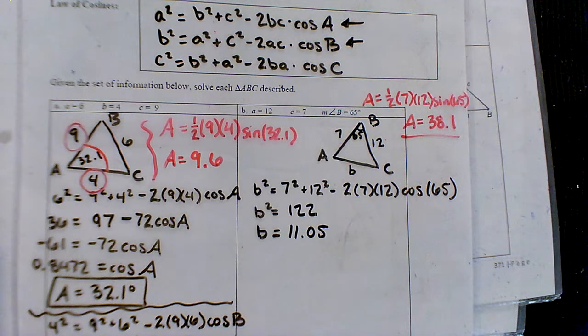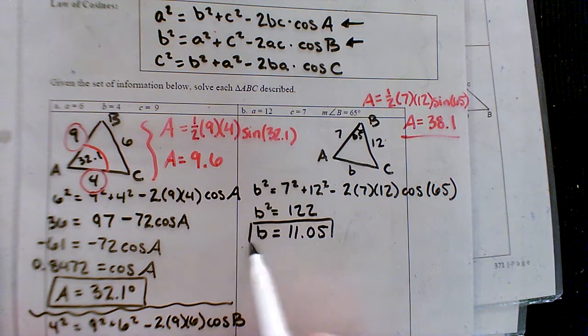I'll say 11.05. Now, hopefully we realize that since we're square rooting both sides, we would need a plus or minus in there. But the minus probably doesn't make sense because we're talking about a length, right? The side length of a triangle. So the negative might not be necessary. We'll just go ahead and leave it as the positive version.